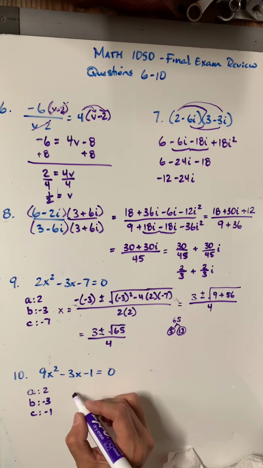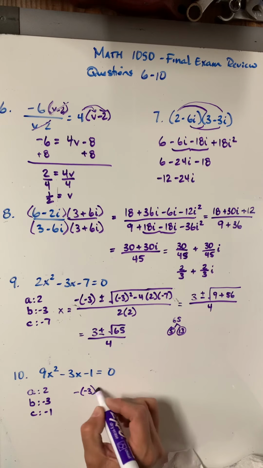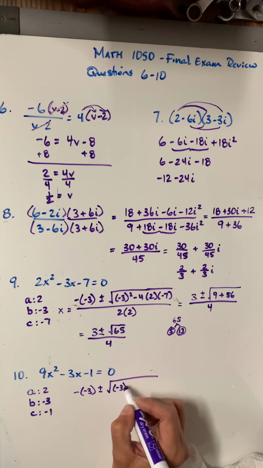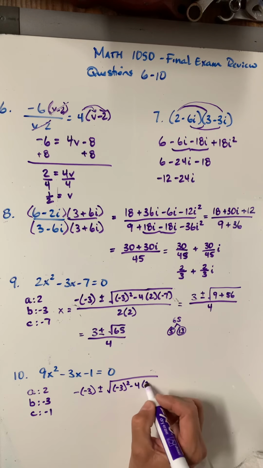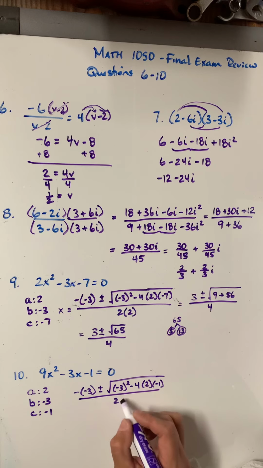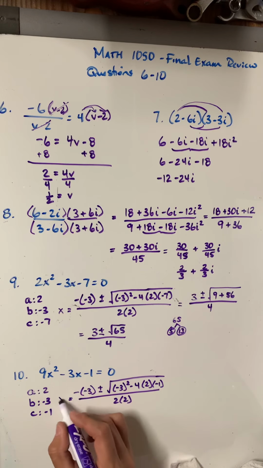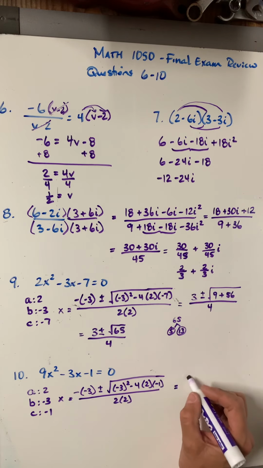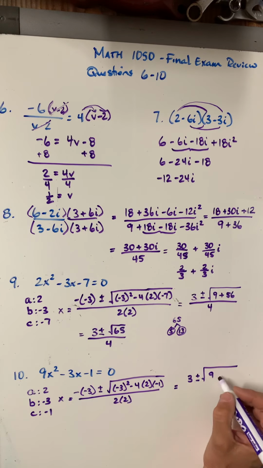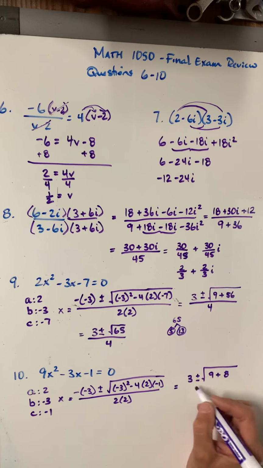So we're going to do negative B plus or minus the square root of B squared minus 4 times A times C all over 2A. So that would be a positive 3 plus or minus square root 9 plus 8.